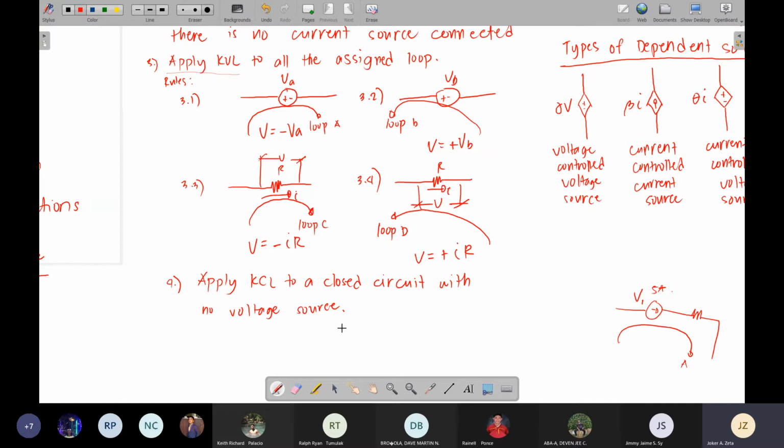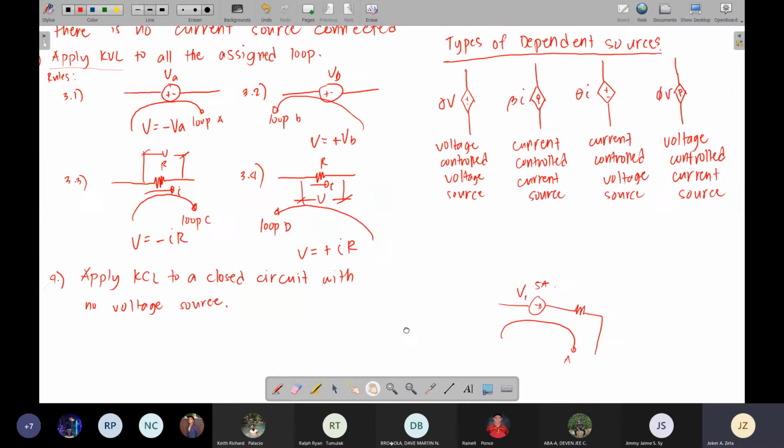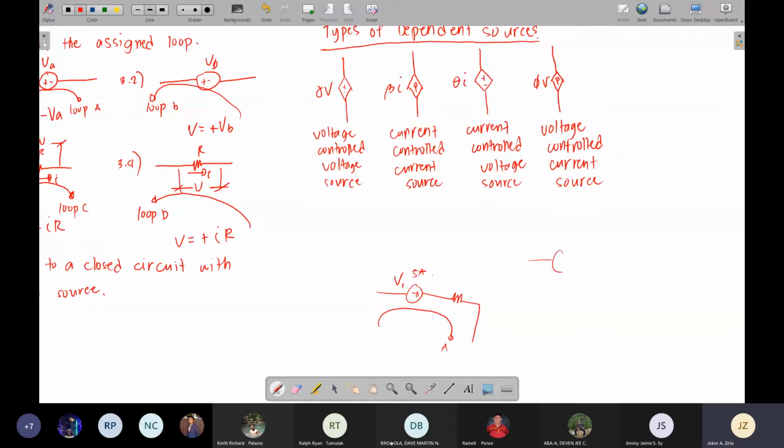Now, very simple. Of course, KCL requires current. Same ra gyapon ani nga scenario. What if, for example, I have a voltage source? Okay? Nya, na-apply na ko KVL, apply na ko, let's say, okay?